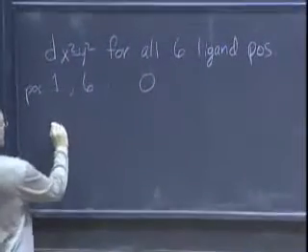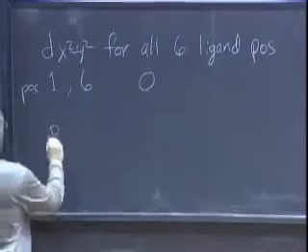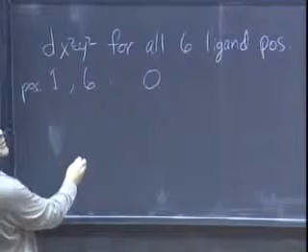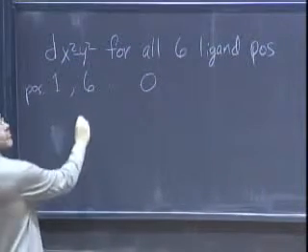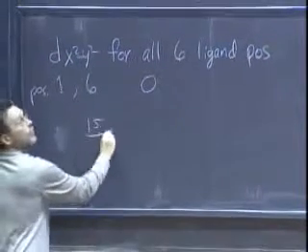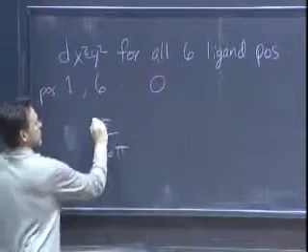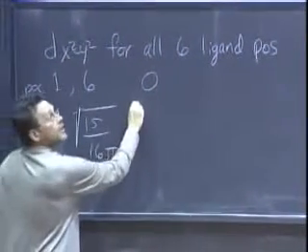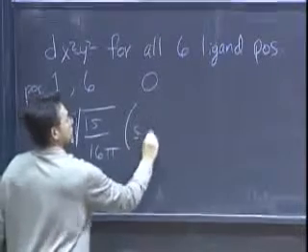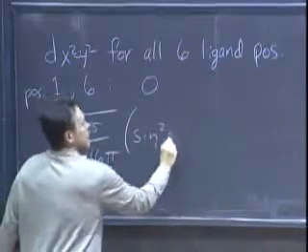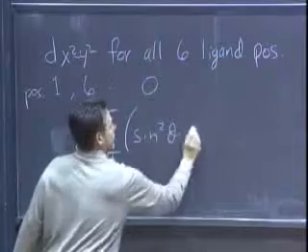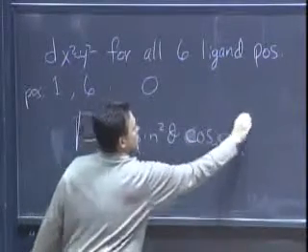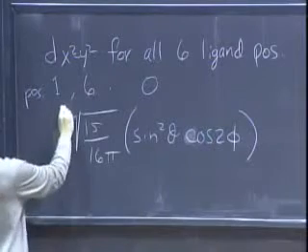If, however, we go ahead and evaluate the square of dx squared minus y squared, let me just write it up, and I have to switch it since they're wrong in the book. 15 over 16 pi, square root, sine squared theta cosine 2 phi. Okay, we have that.